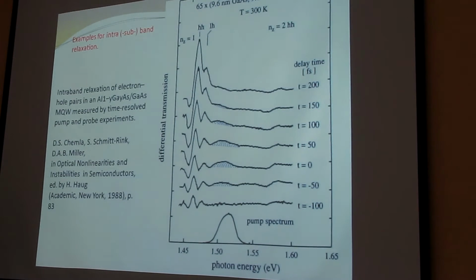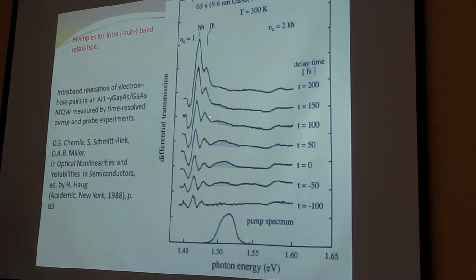This is now an example for intraband relaxation. This is a quantum well and the change in the transmission, the differential transmission. The pump pulse is situated here, and this would be the positions of the excitons. The pump pulse has a certain duration, so you have time delays of minus 100 picoseconds, 50, 0. During the maximum of the pump pulse, you get some bleaching in the band-to-band transition region and a little bit of bleaching in the exciton resonances.